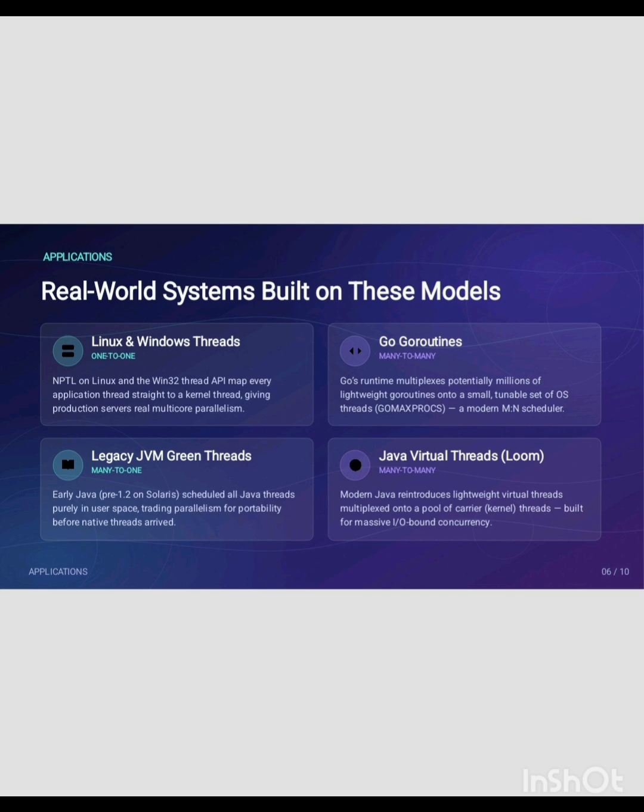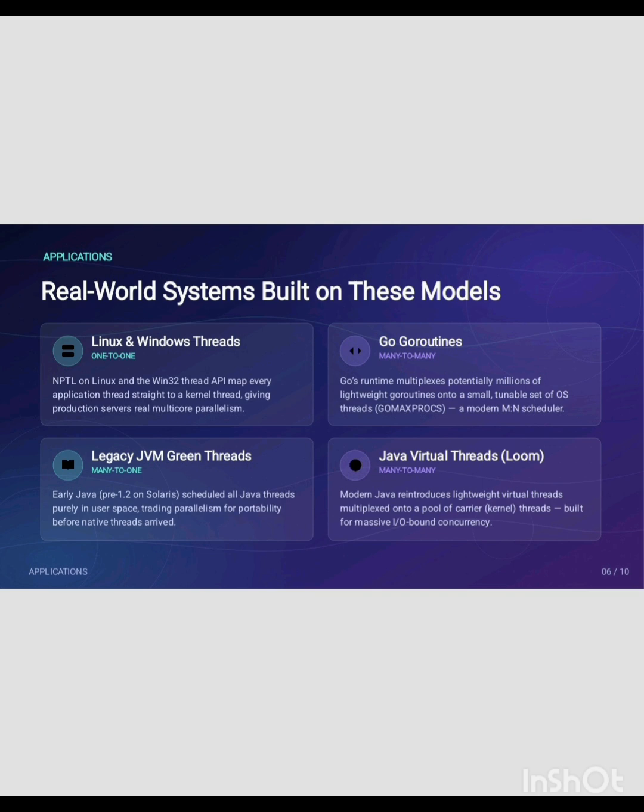Application of many-to-one: the legacy JVM green threads. Early Java, pre-1.2 on Solaris, scheduled all Java threads purely in user space, trading parallelism for portability before native threads arrived.